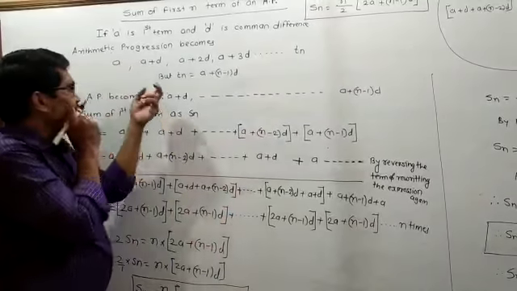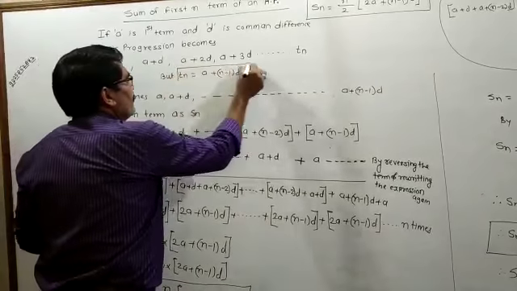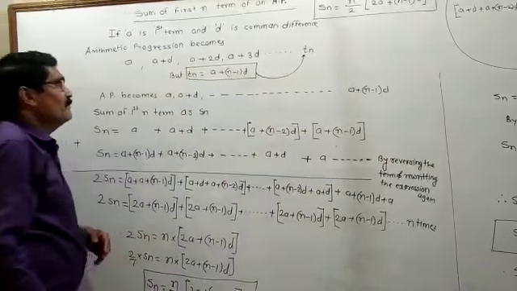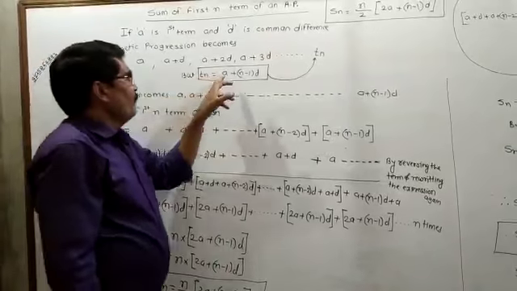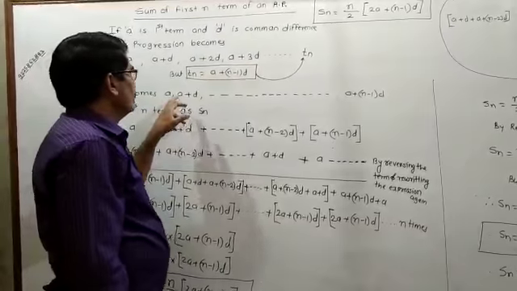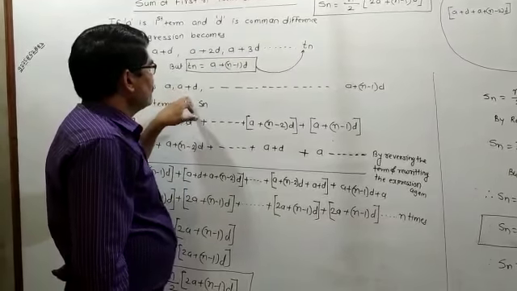But we know that tn is equal to a plus (n minus 1) into d. You have to put this value. So the arithmetic progression becomes a, a plus d, and so on.